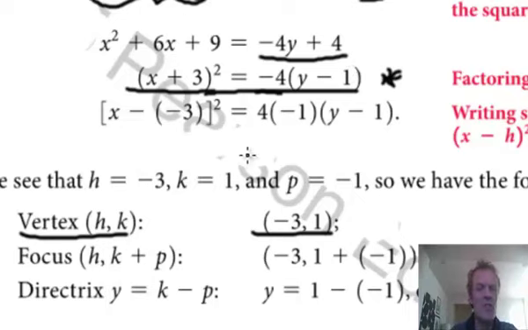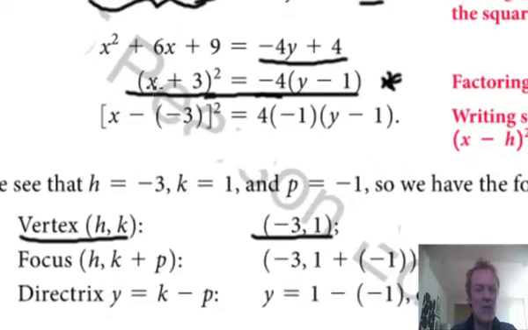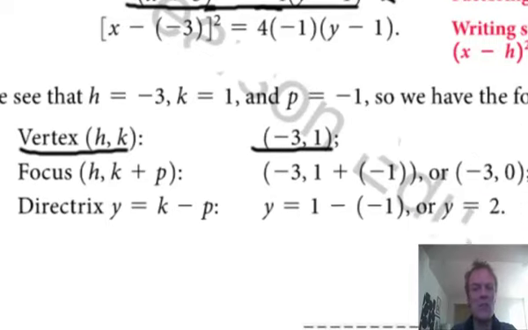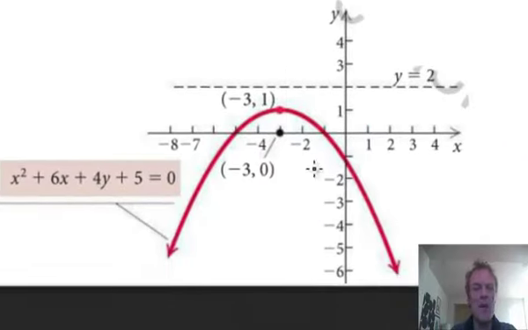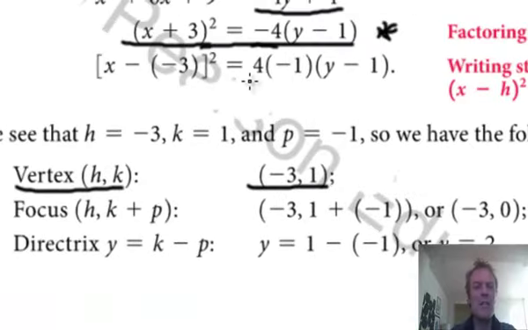What else do we have? So the focus. The best thing to do is actually to start to draw this. We have the equation, and I know where the vertex is. So at -3, +1, there we go. Now go back to here, look at that right there.